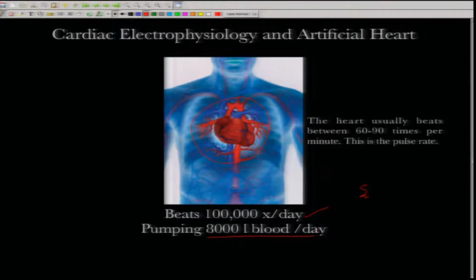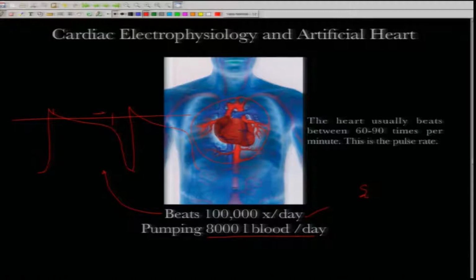Having said that the heart is beating almost 100,000 times per day, that means the cardiac muscle cells, the cardiomyocytes, are beating. If you remember the action potential of cardiomyocytes, it is something like this, followed by another one, followed by this. Why is there such a wonderful plateau zone?